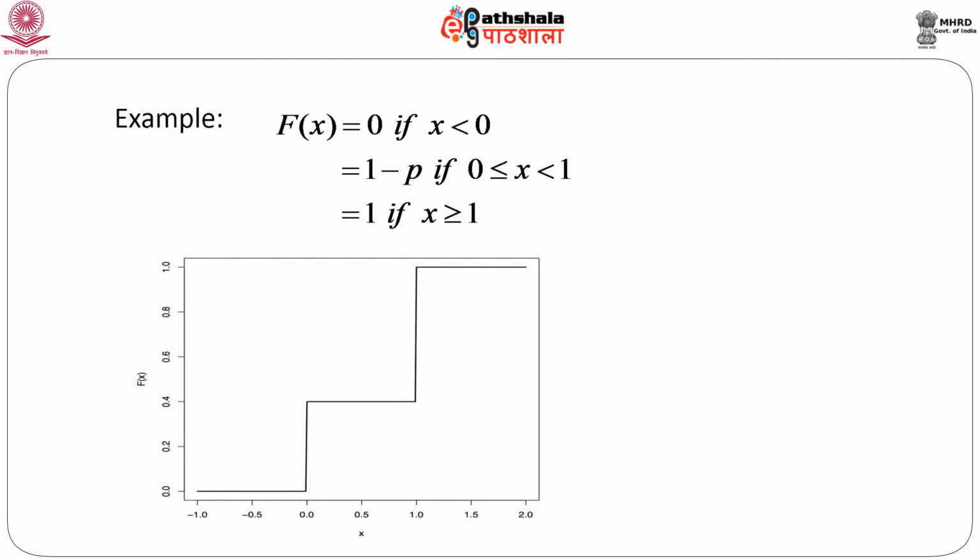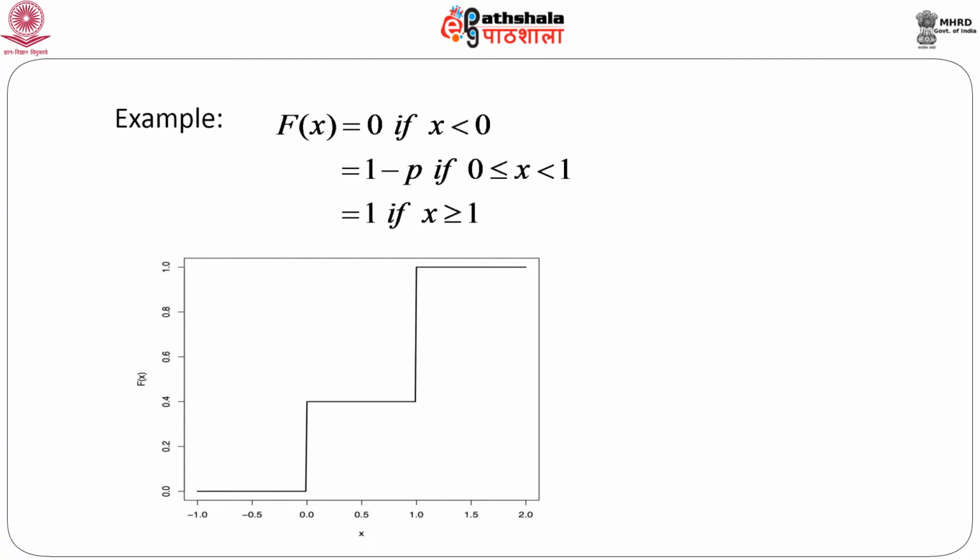So, it goes up to 0.4, and then as long as x is less than 1, it remains stable at 0.4, that is 1 minus p. As soon as x takes the value 1, there is another jump to 1, and it continues forever as long as x is greater than or equal to 1.